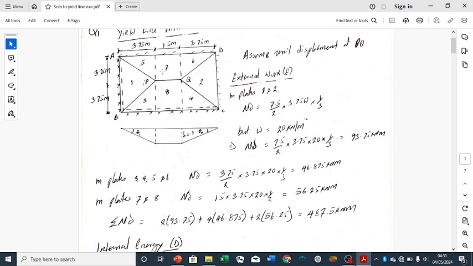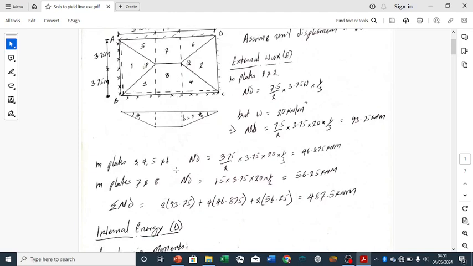They are rectangles and they are similar in dimension. So we go ahead and say in plates 7 and 8, our N delta, again we calculate the plan area. This is a rectangle, so the area will be length times width.